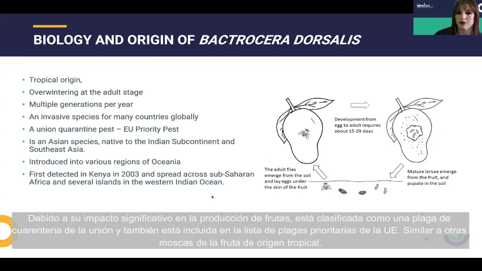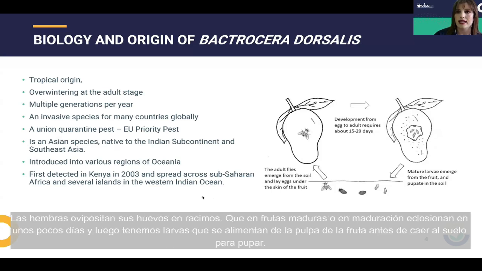Due to its significant impact on fruit production, it is classified as a Union quarantine pest, and it's also listed in EU priority pests. Similar to other fruit flies of tropical origin, females oviposit their eggs in clusters, in ripe or ripening fruits, which hatch in a few days, and then the maggots feed on the fruit flesh before dropping to the ground to pupate.